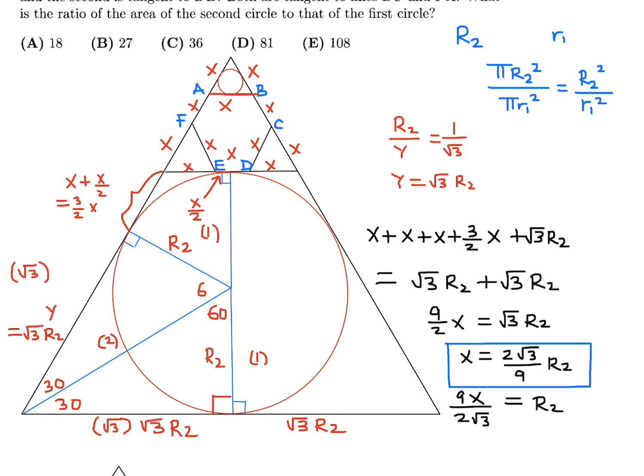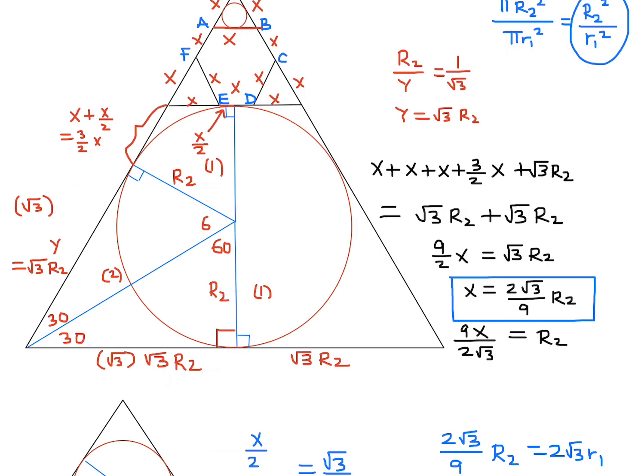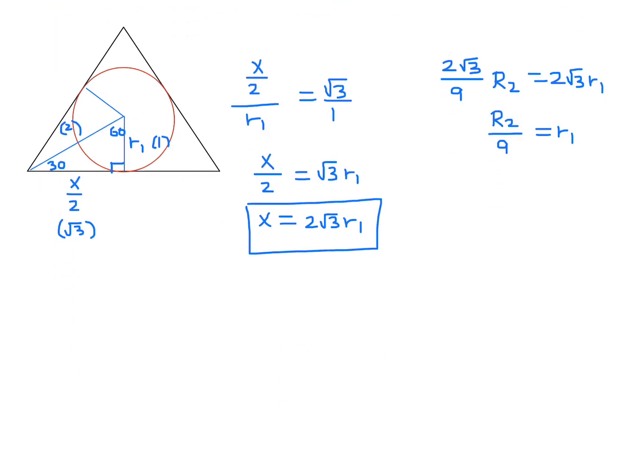And let's recap what we have to figure out in this question is this ratio, R2 squared over R1 squared. And as I said earlier, we actually don't need to figure out the numerical values of R1 and R2. As long as we have that relationship, we can figure out this ratio. I will now just substitute in the value for R1 is R2 over 9, and I have to square that.